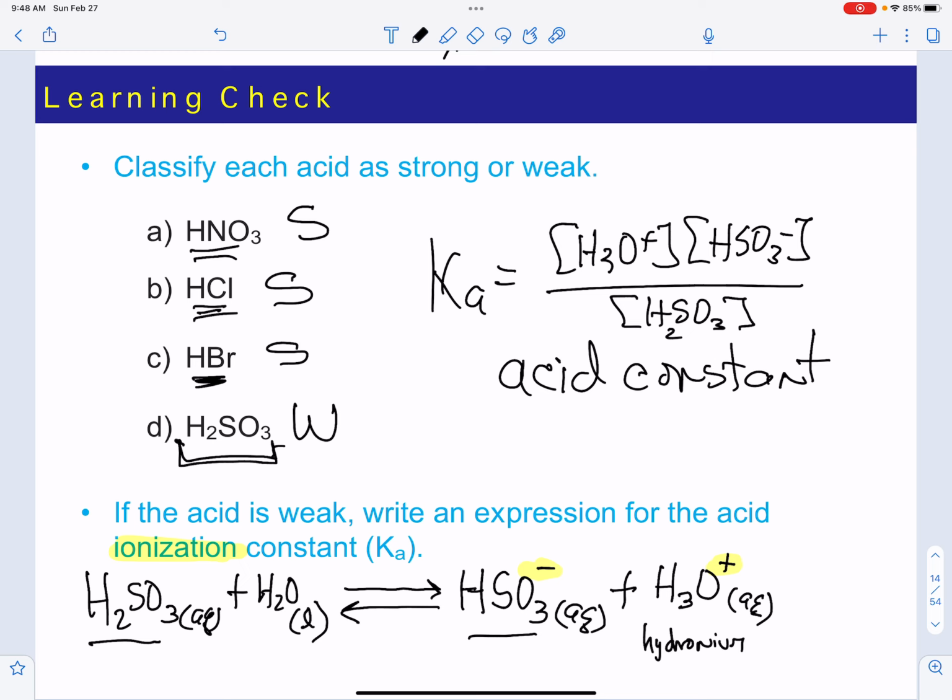So remember, if we are writing an equilibrium constant, it's because it's an equilibrium reaction, so therefore you need two arrows. Therefore, you will never write an equilibrium constant for any of the strong acids because they do not create equilibriums. They go 100% to completion.